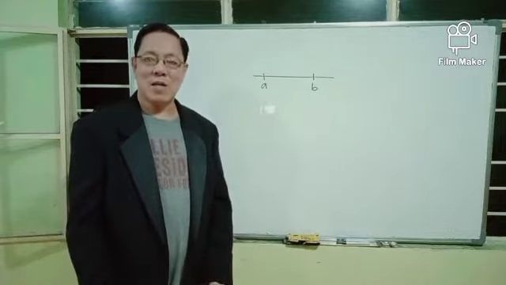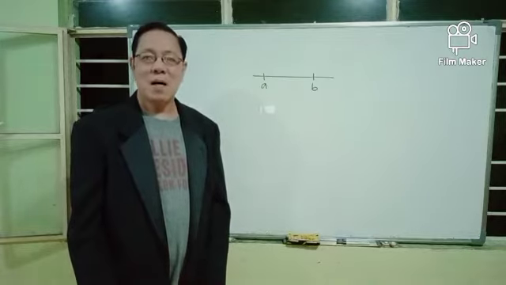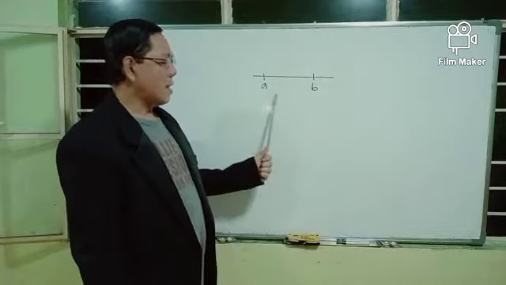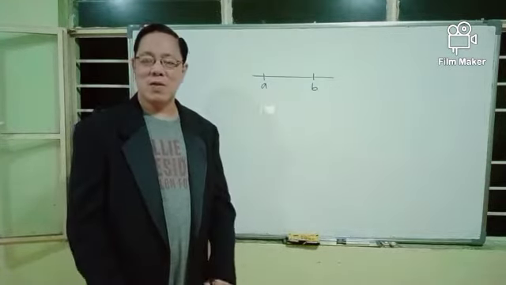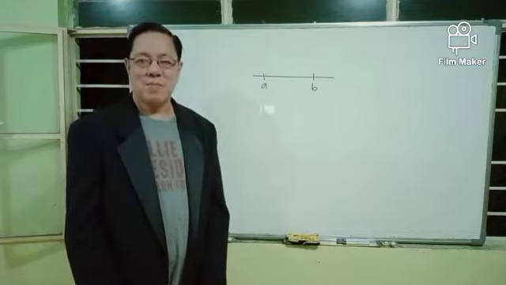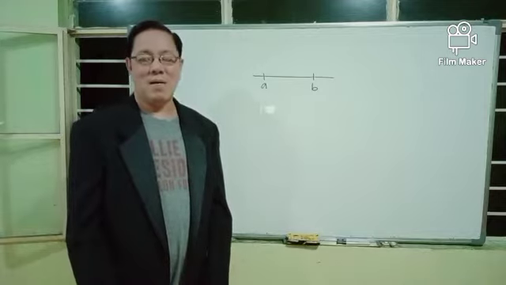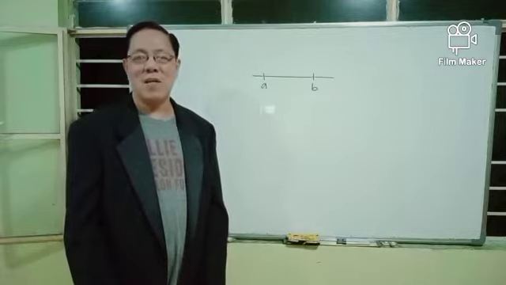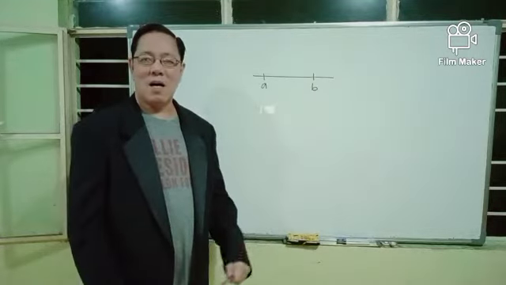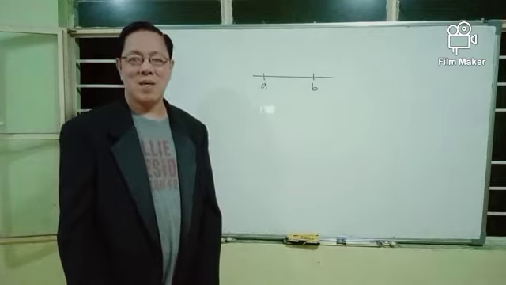Unlike in the discrete random variable, x can only take a finite number of values between A and B. And usually those are whole numbers, and countable. But a continuous random variable can take infinitely many values between A and B, as many as there are real numbers between A and B.